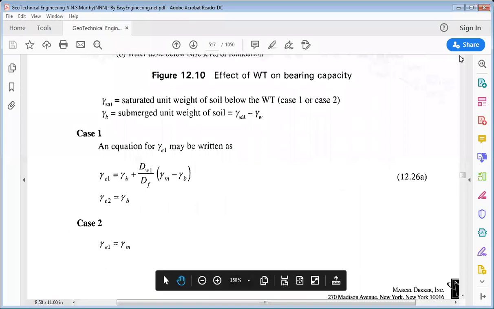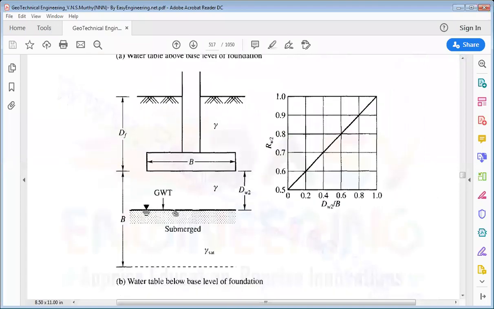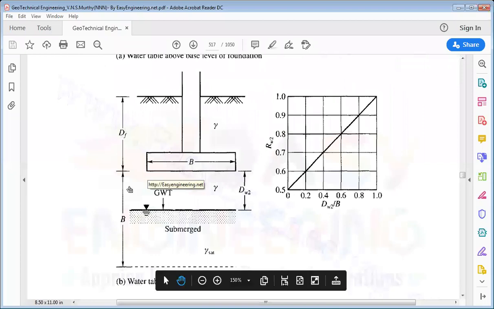And in case 2, the water table is between the base of the footing and the Df plus B distance from the ground surface, or B distance from the base of the footing.